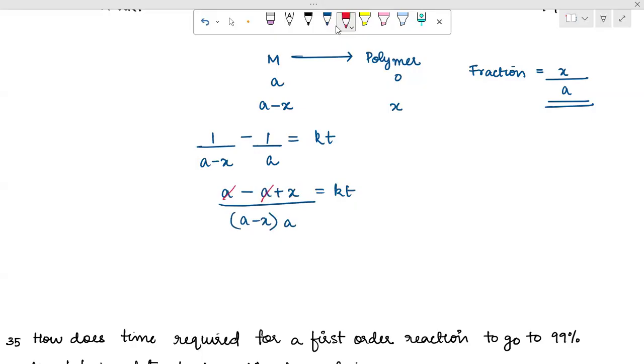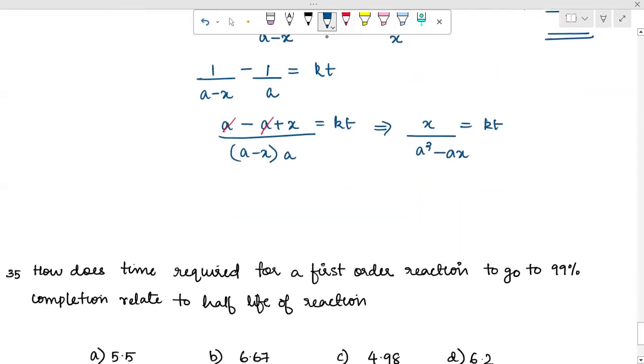A and A gets cancelled. This is x by a square minus ax is equal to kt. We need the expression for x. So let's rearrange. x is equal to a square kt minus ax kt.